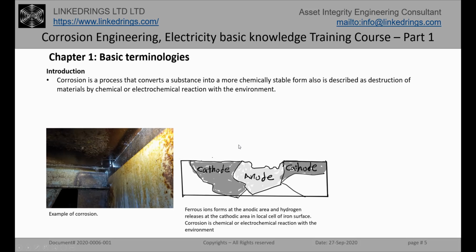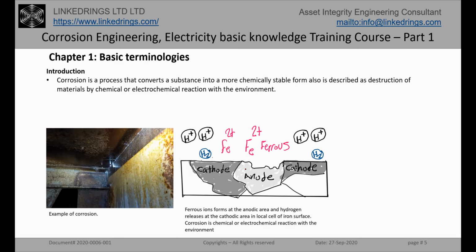Ferrous ions form at the anodic area, and hydrogen is released at the cathodic area in a local cell of an iron surface. If we have an iron surface exposed to the atmosphere, parts of this surface are more active than other parts, more active in the sense that they will interact and react with the environment.